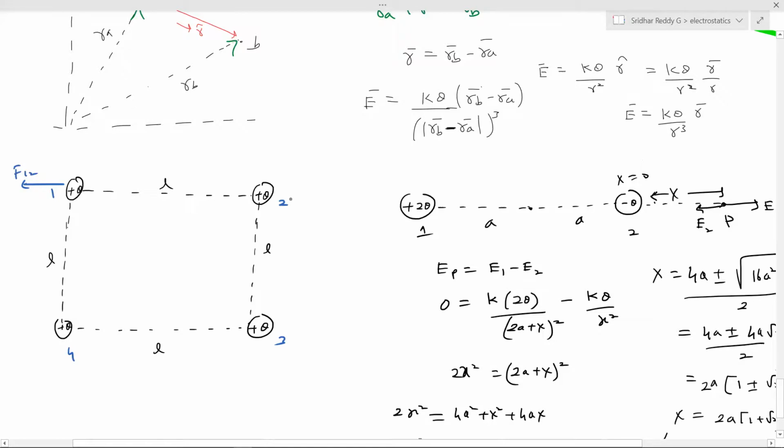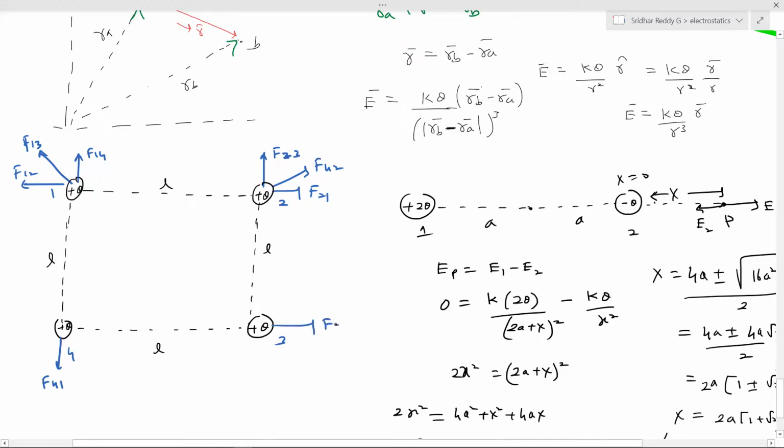F12, because they are like charges. F41, F14. Then 1 and 3 will also interact. This will be F13. Similarly here, F23, F42.